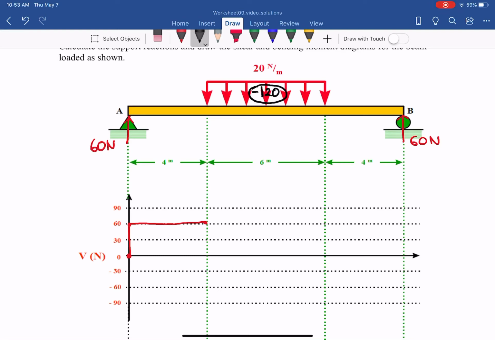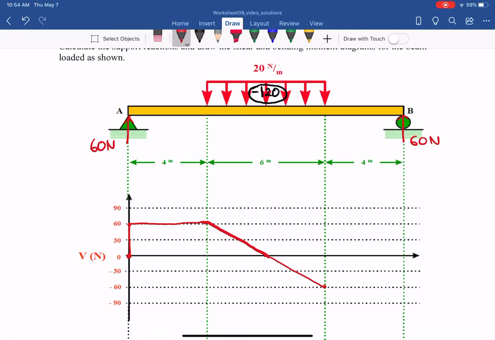The uniform distributed load causes a continual change in the shear diagram. So negative 120 from positive 60, it goes down to negative 60. It's 0 in the middle, then goes down to negative 60.